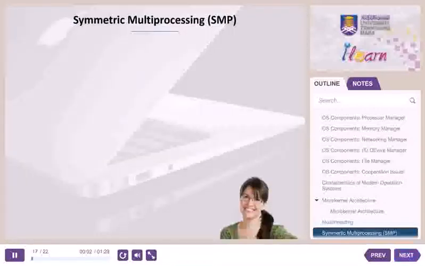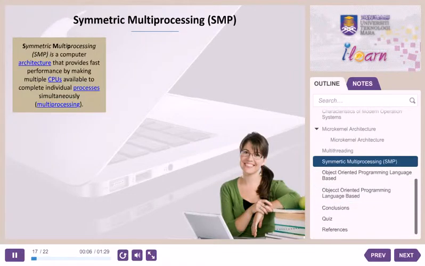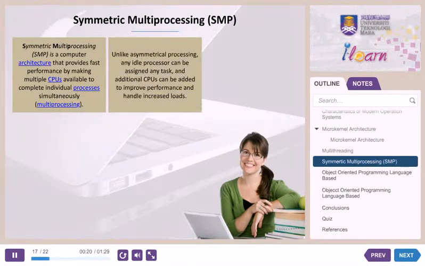Symmetric multiprocessing, SMP, is a computer architecture that provides fast performance by making multiple CPUs available to complete individual processes simultaneously. Unlike asymmetrical processing, any idle processor can be assigned any task, and additional CPUs can be added to improve performance and handle increased loads.